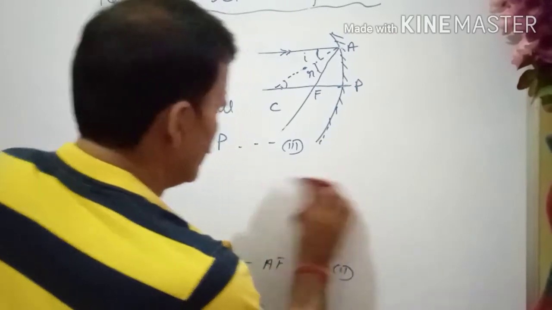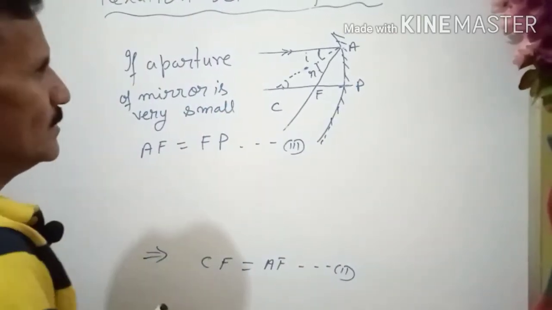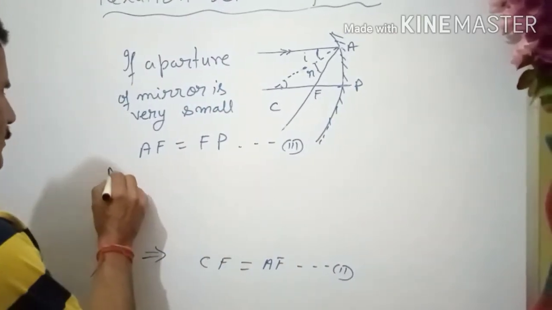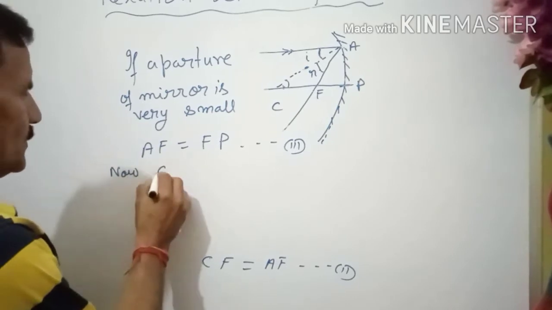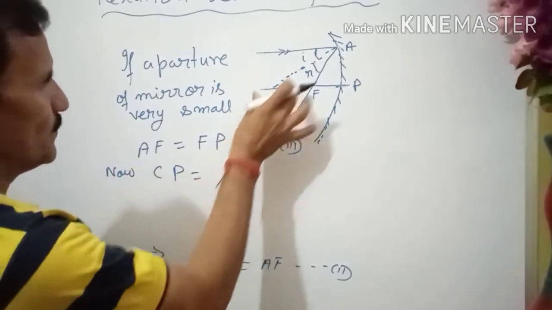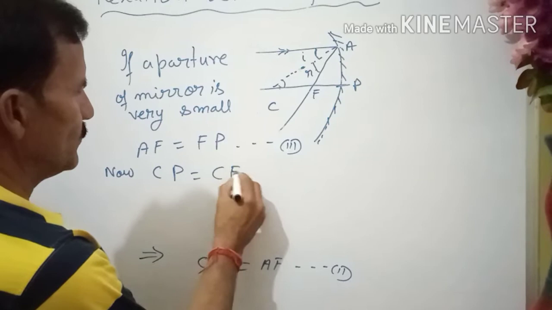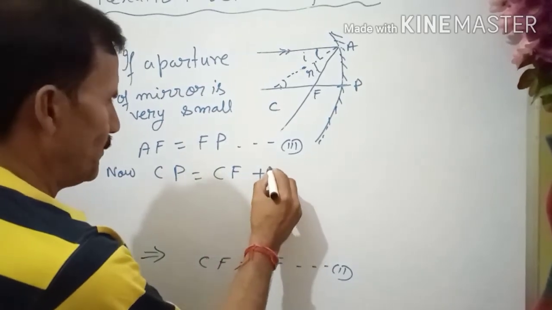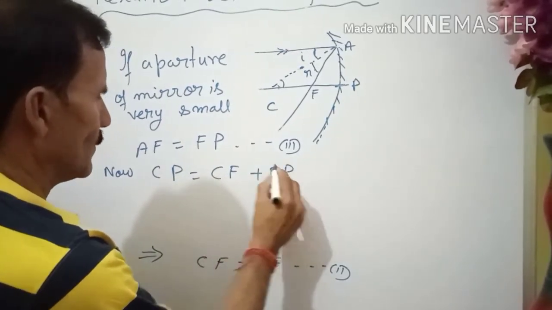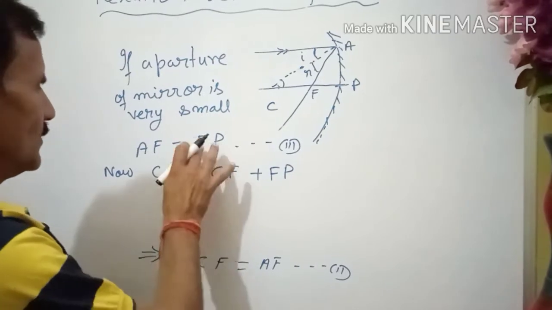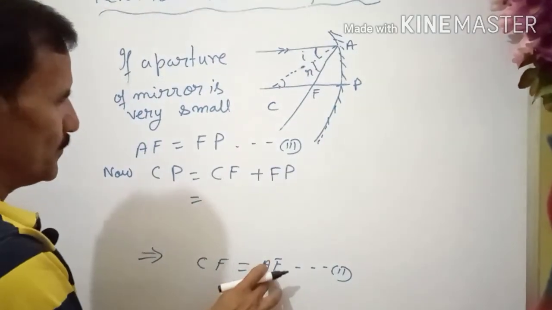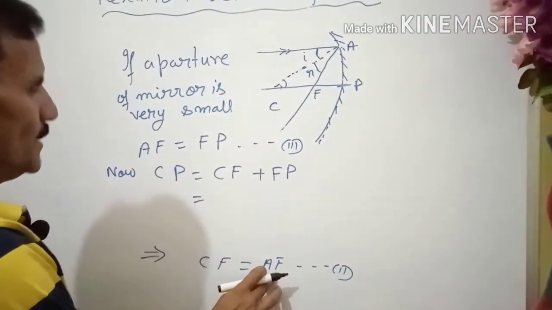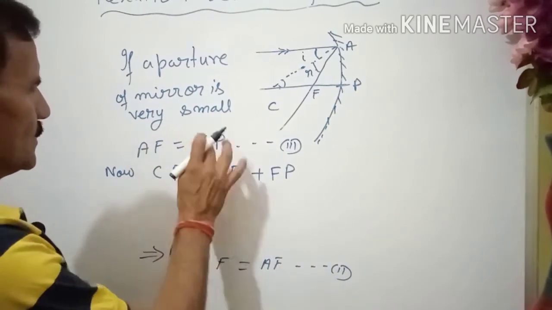Now let us try to write CP. CP is equal to how much? CP will be equal to CF plus FP. Now what is the value of CF? CF is nothing but AF and AF is nothing but FP.